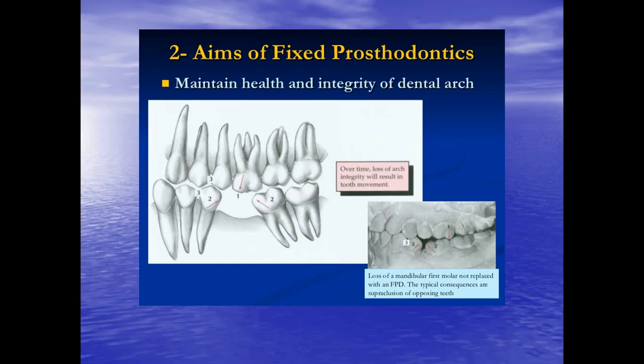Okay, let me remind you of one of the slides from the first lecture. Aims of fixed prosthodontics. One of the aims of our work is to maintain the health and integrity of the dental arch. What is it? When one or several teeth are lost, the neighboring teeth don't stay absolutely the same as they were when this tooth was present in the dental arch.